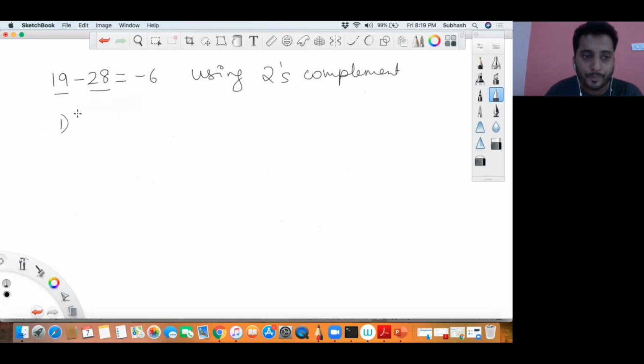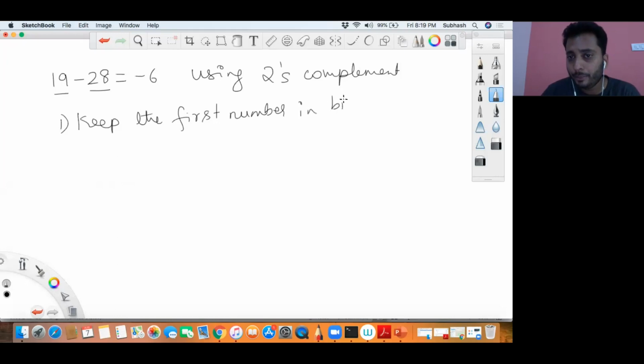First thing, keep the first number in binary. Second, keep the second number in binary.